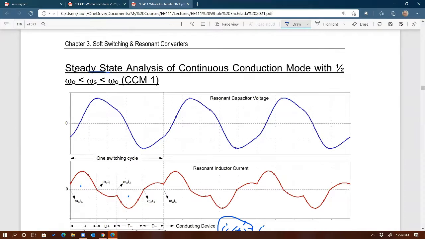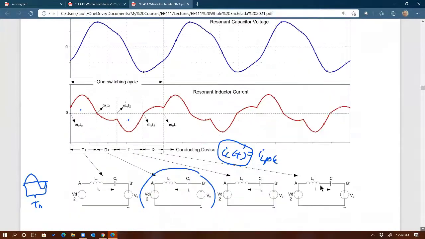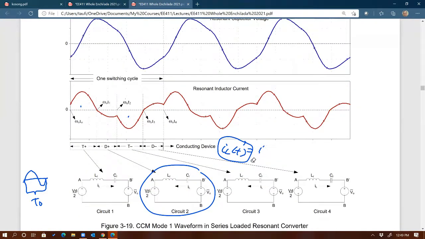If the switching frequency is larger than half of the resonant frequency, but less than the full resonant frequency, then you have CCM1. So anytime the switching frequency is chosen to be in that range, you get CCM1. Any question on that?